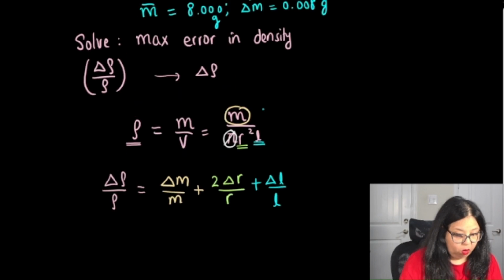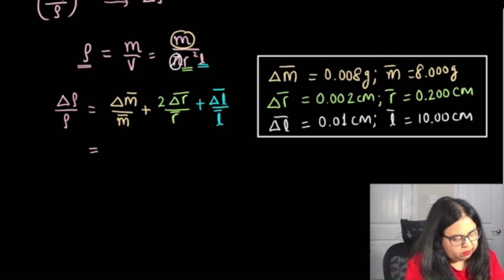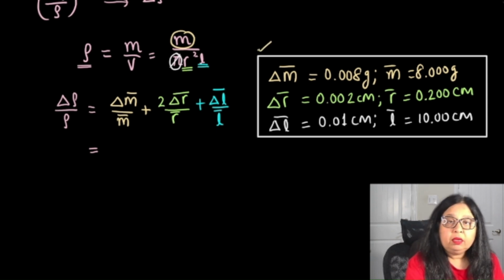Now we have all the numbers over here. What I have done is I have copied a list of all the variables with their numerical values in this table over here, just for easy accessibility.